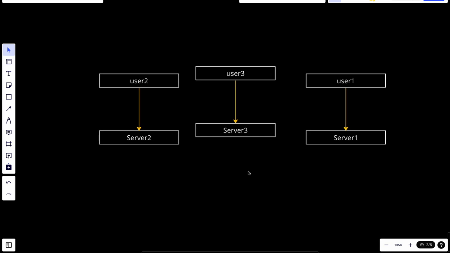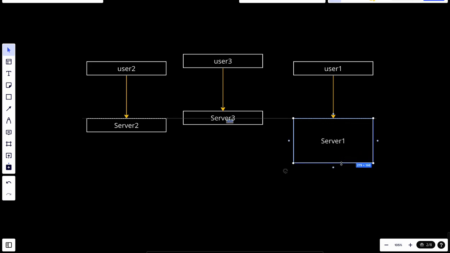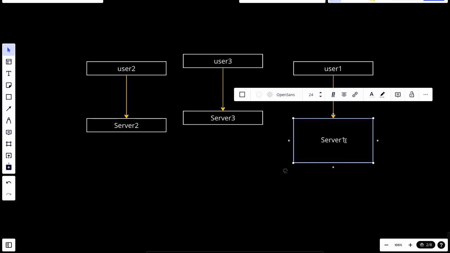In the stateful architecture, server 1 stores the session data, for example, the session data for user 1, and it is the same with server 3.